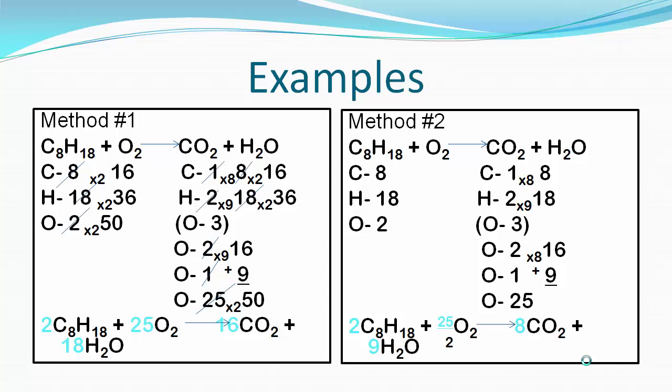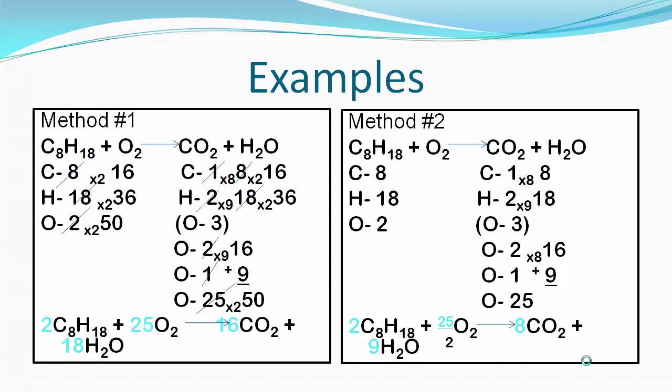As we already know, the first layer is completed. So now we have 8 carbons, 18 hydrogens, 2 oxygens. Next, we start off with 1 carbon, 2 hydrogens, and a subtotal of 3 oxygens. Great.